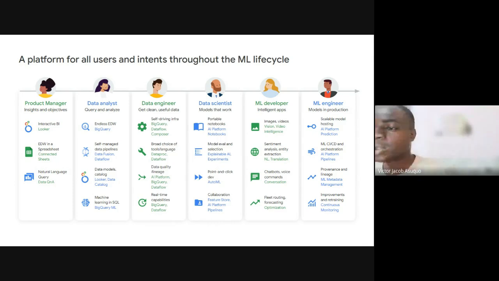Okay, so for machine learning developers, we have intelligent apps. As machine learning engineers, there are a lot of apps you can use. We have intelligent apps talking about images, talking about videos.